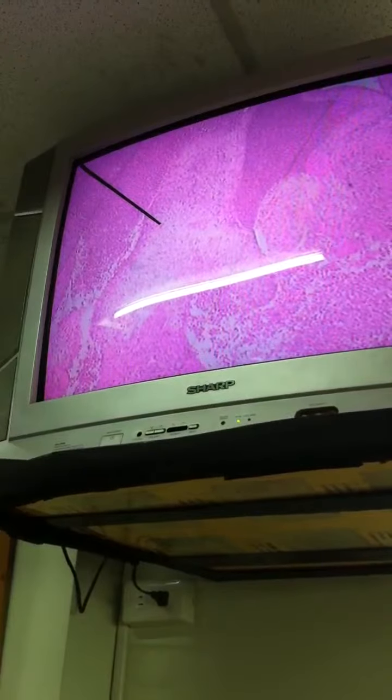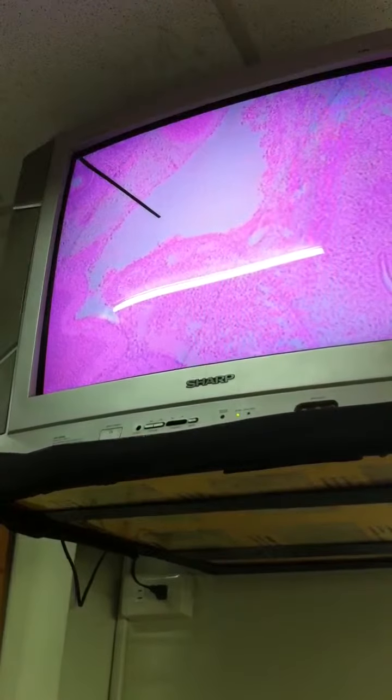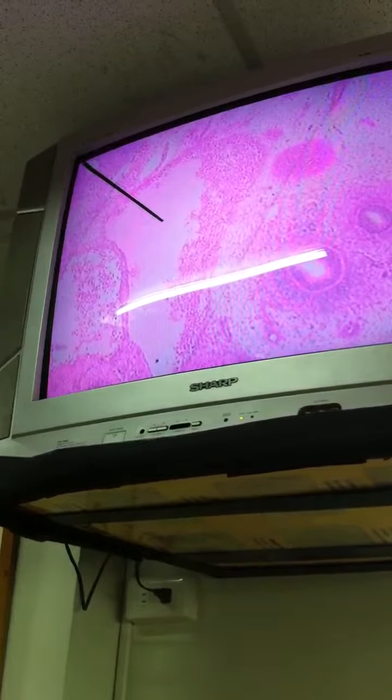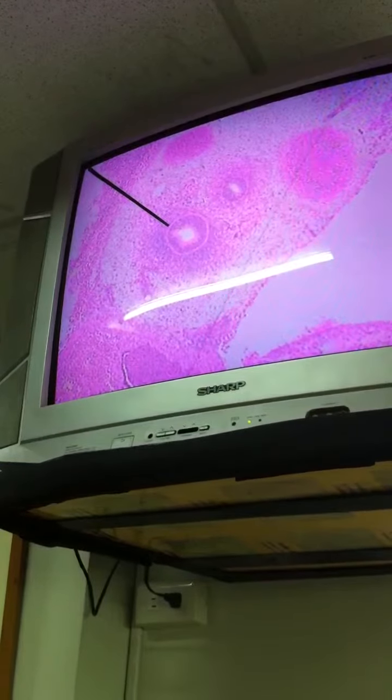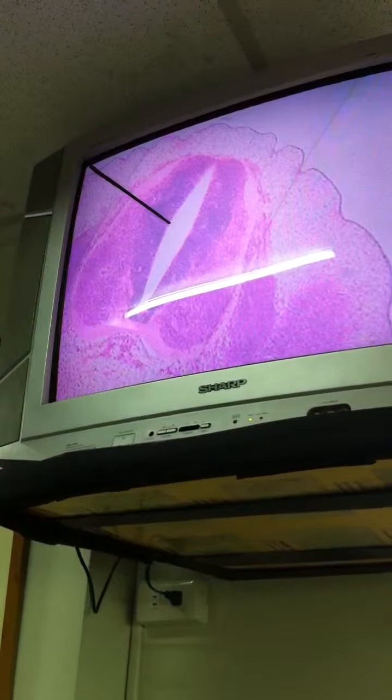Identify. Identify. Left sinus venosus. Identify. Right sinus venosus. Identify. Left sinus horn. Identify. Very good. Sinus horn. Identify. Neural tube.